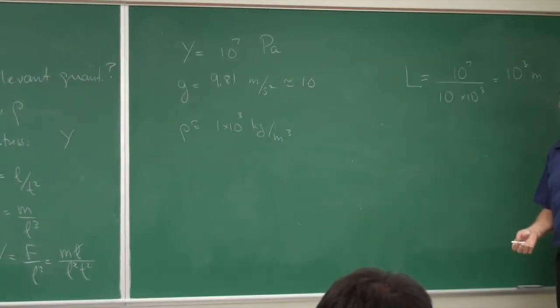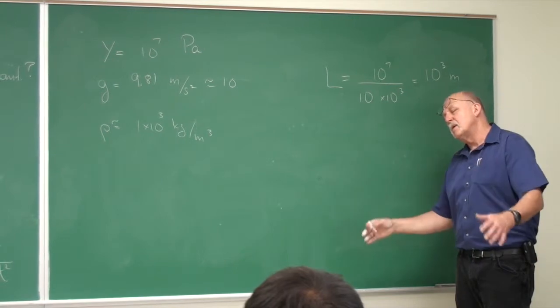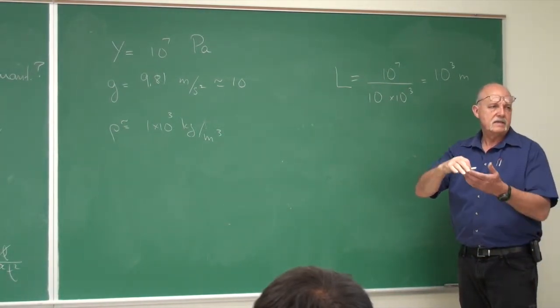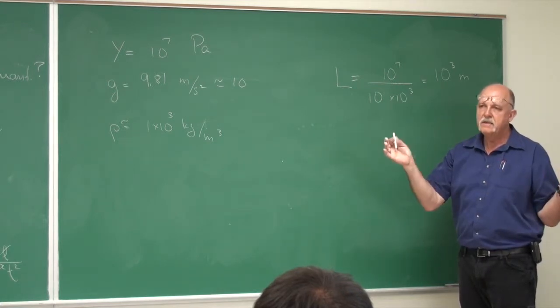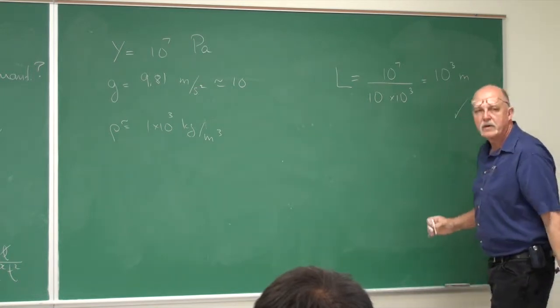Is that reasonable? Well, if you think about an iceberg, you only see a tenth of it. So you might see 100 meters sticking out of the water. That's not too bad. So this is more or less reasonable.